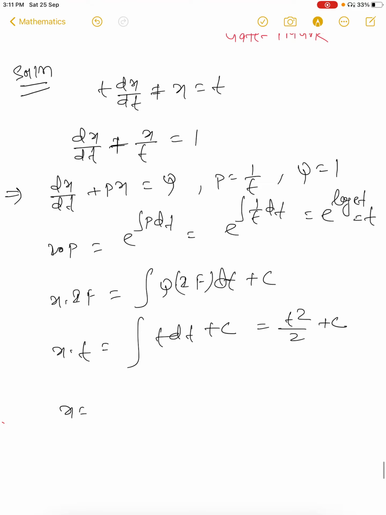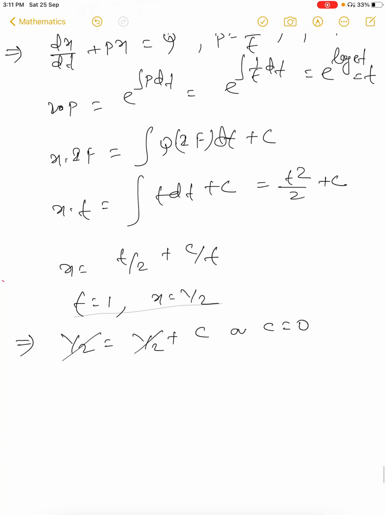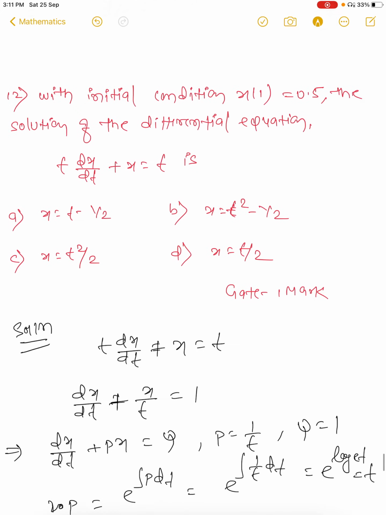So then x equal to t/2 plus c/t, and x(1) is equal to 1/2. Then at t is equal to 1, x is equal to half. Put it here, half plus c. So c is equal to 0, because half cancels out, and it becomes x equal to t/2. So the solution is x is equal to t/2, option D.